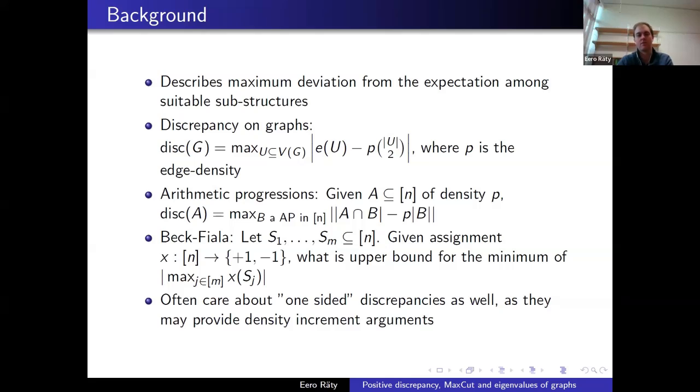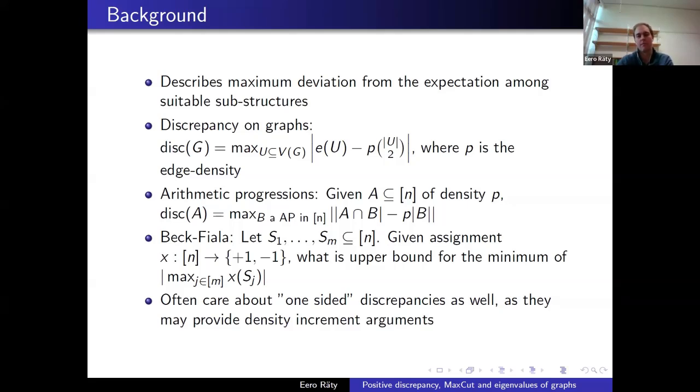So instead, we want to pick a maximum over some sets which have some structure. We can restrict ourselves to arithmetic progressions, and that gives rise to this second example of AP discrepancy. That has a nice application.